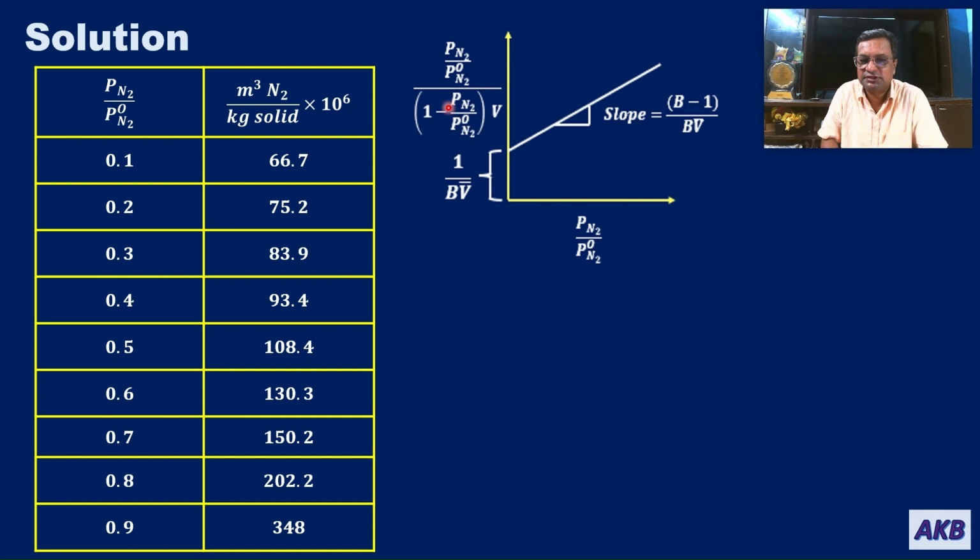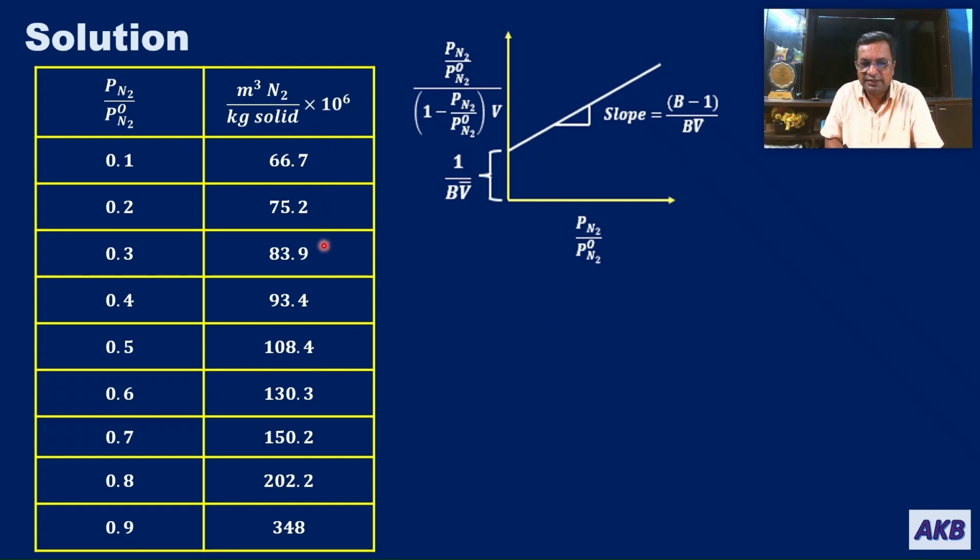On the y-axis, we are going to plot Pn2 by Pn2 naught divided by (1 minus Pn2 by Pn2 naught) into V. So values for this term, we have to get those values. On the x-axis, Pn2 by Pn2 naught, the values are already known to us.